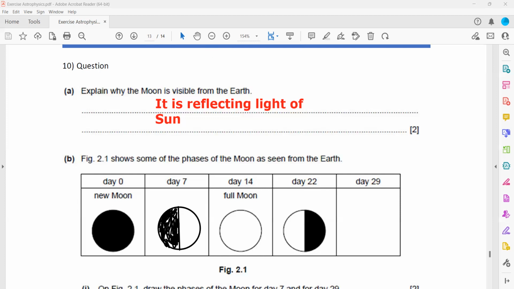The new moon is not able to reflect the light. So how do we represent a new moon? Same as the first one. Is it clear? The phases of the moon, how we sketch? Yes, sir. Okay.